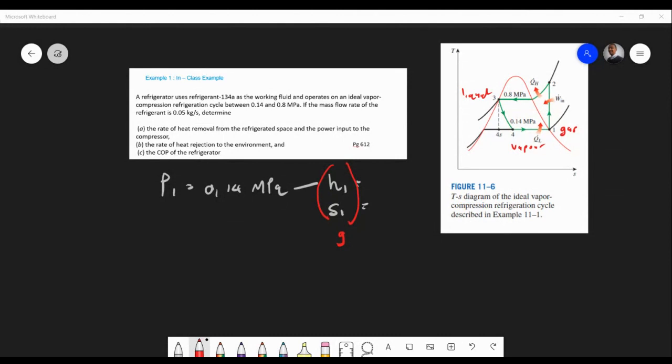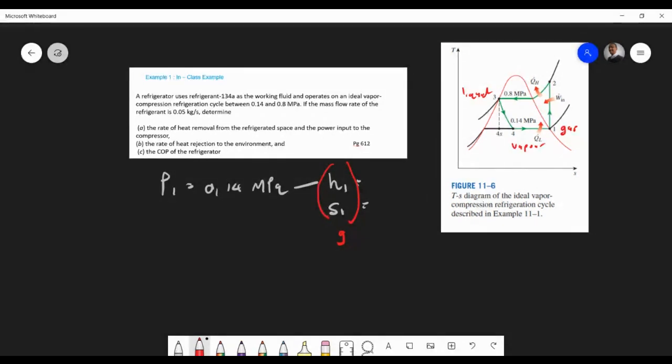Check the table. What do I call it now? A17, no, not A17, A12. Please go collect HG, and you want SG. What pressure was it again?